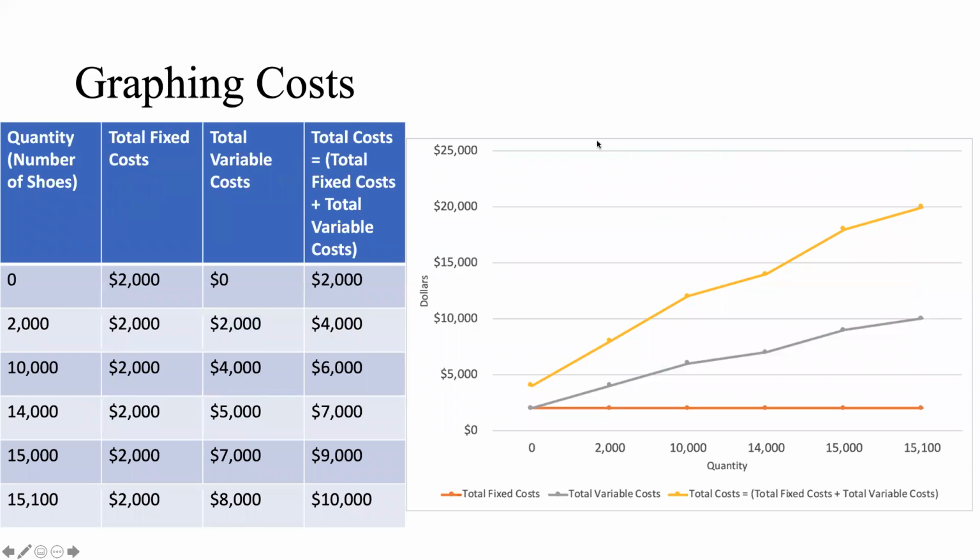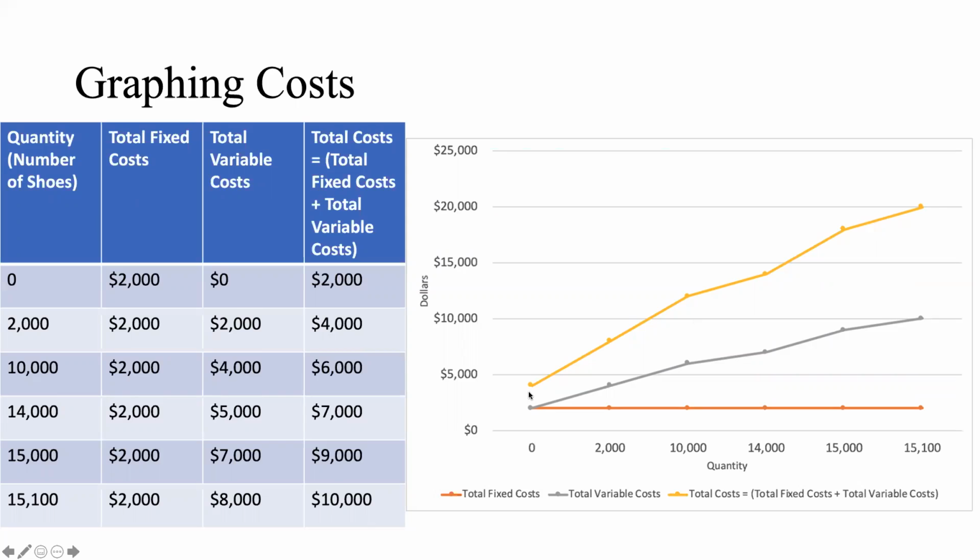So when you have costs, it's important to actually graph them, because graphing costs can actually help you see where you should be producing. And so note in our graph, we have fixed costs as being constant. So fixed costs are not changing. Variable costs are increasing, and total costs are increasing as well.